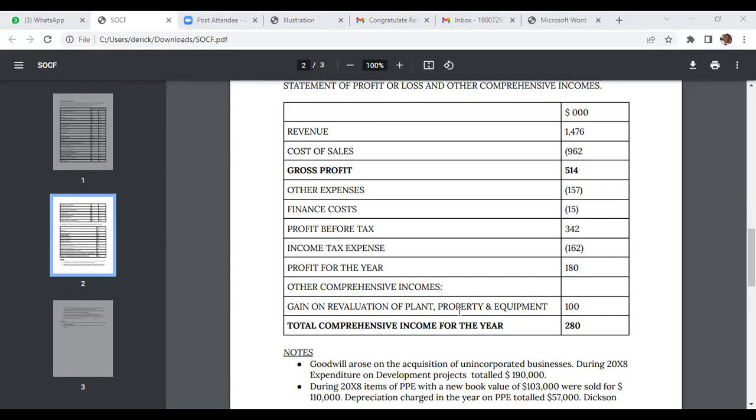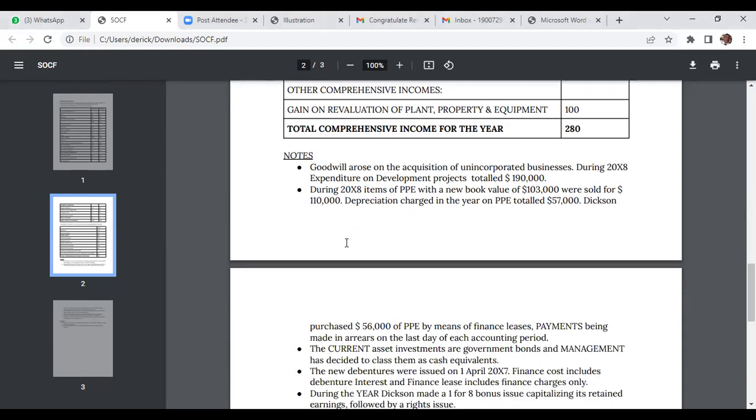Then after that, you go to the additional information and see what they are saying about PPE. The first note is about goodwill and intangible assets. But then they say during the year, PPE with the net book value of 103 was sold off. Now that's disposal. For disposal, we know that our assets cannot remain the same. They just reduce.